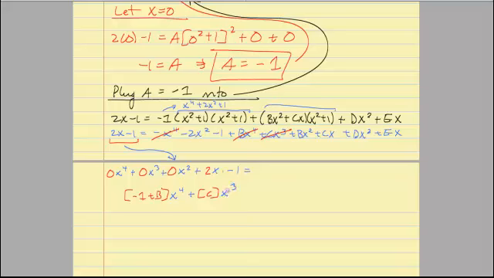x to the third. Okay, my next one I'm going to be looking for squareds. So I have a negative 2 plus b plus d. Negative 2 plus b plus d x squared. Okay, now I'm looking for linear, and for linear I see cx plus ex.